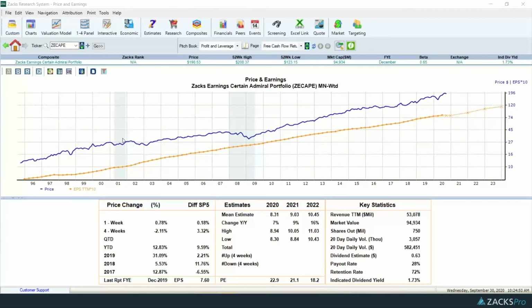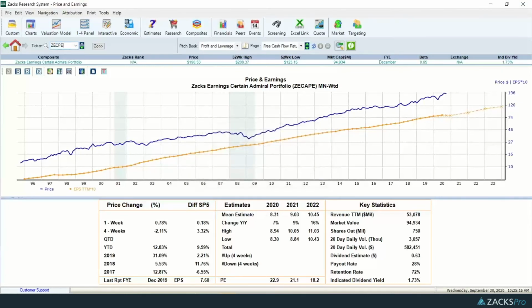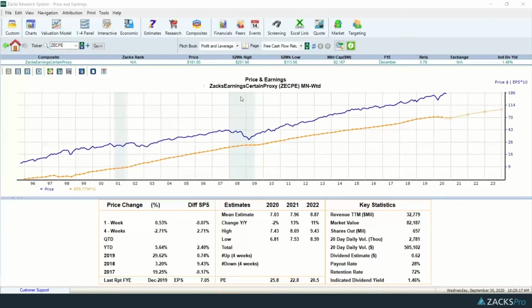As far as 9/11 and the dot-com bust are concerned, pretty much non-factors. And so the idea here is that if you look at this chart, you really can't point to any presidential election and say, oh, the Admiral took a hit, or the earnings certain portfolio, Core 75, took a hit. That's the idea. That's why we build and maintain these equity model portfolios, so that our advisors and their clients can sleep at night.